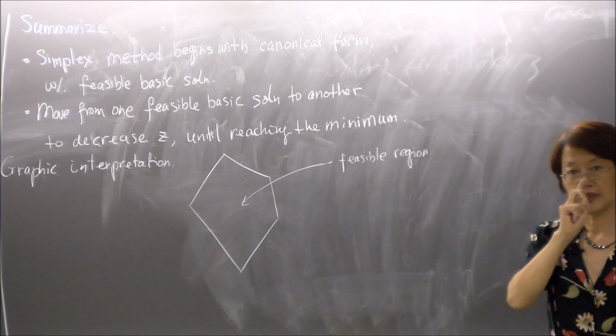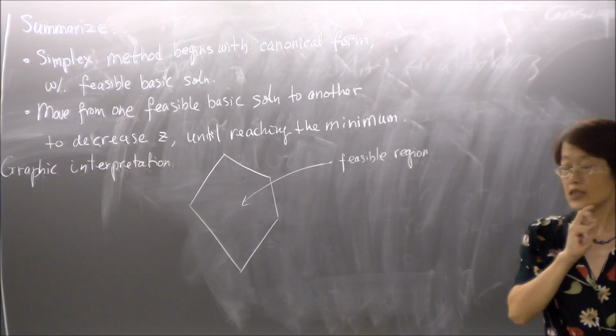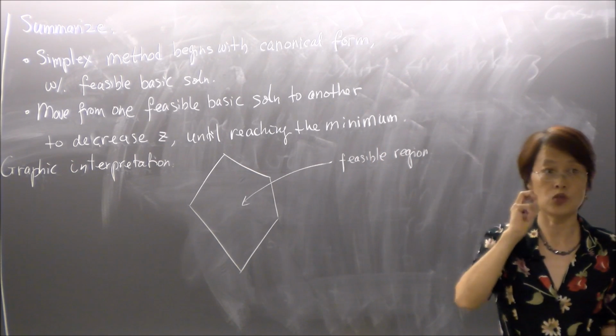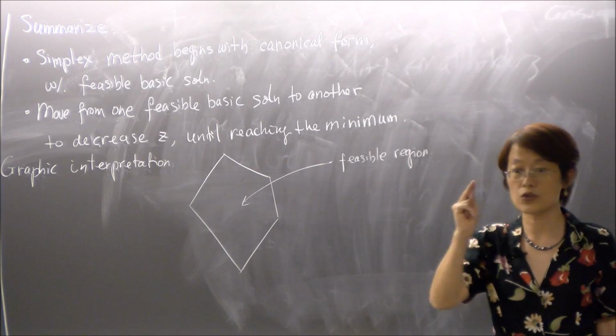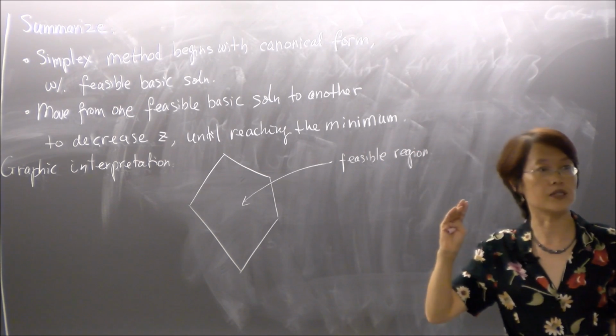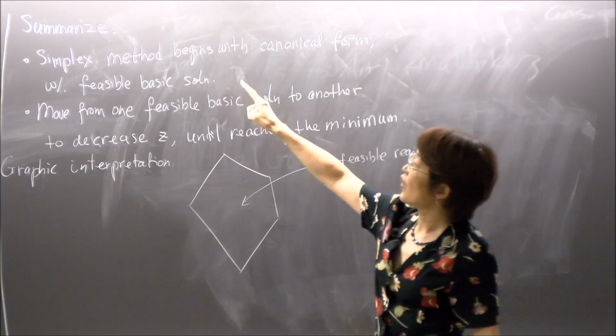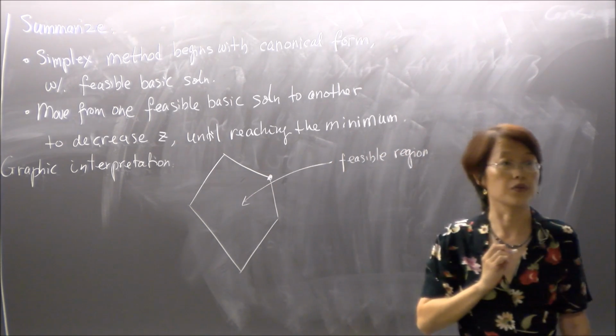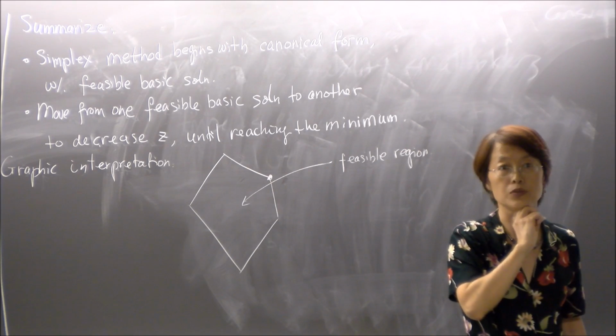It's feasible and it's basic. The basic solution will have all non-basic variables equal to 0, meaning the constraints will all be pushed to the limit. And what you will find will actually be the vertices on this boundary. That will be your feasible basic solutions.